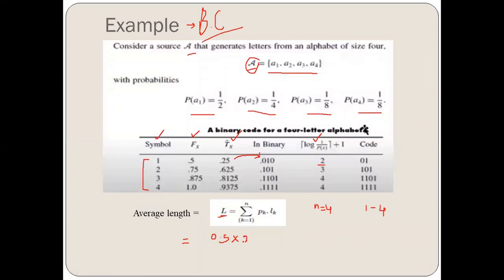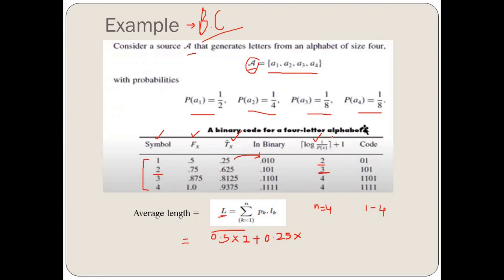So 0.5 multiplied by 2, plus, next, for A2 we have 1 by 4, that is 0.25, multiplied by the length of the code for A2, which is 3.